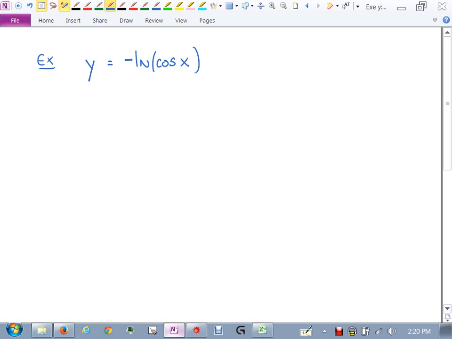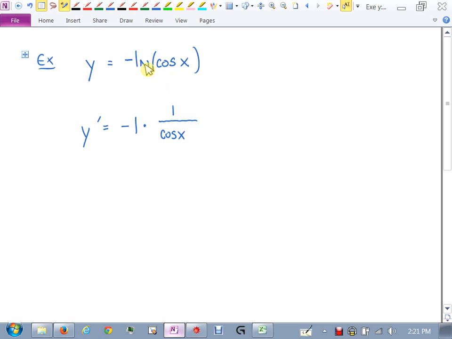What is that negative in the front going to do? Is it a constant? Can we just bring it along with us? Okay, so the derivative will be the negative, I'll just even put 1. Now, what's the derivative of natural log of something? 1 over that something, right? 1 over itself, 1 over cosine x.